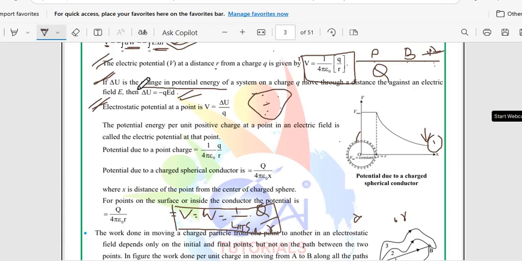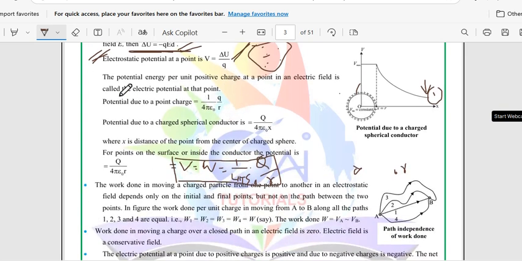Suppose delta U is a change in potential energy of a system on a charge Q moving through a distance against an electric field E, then delta U will become minus Q into Ed. Electrostatic potential at a point V is given by delta U divided by Q. That is, the potential energy per unit positive charge at a point in an electric field is called the electrostatic potential at that point.